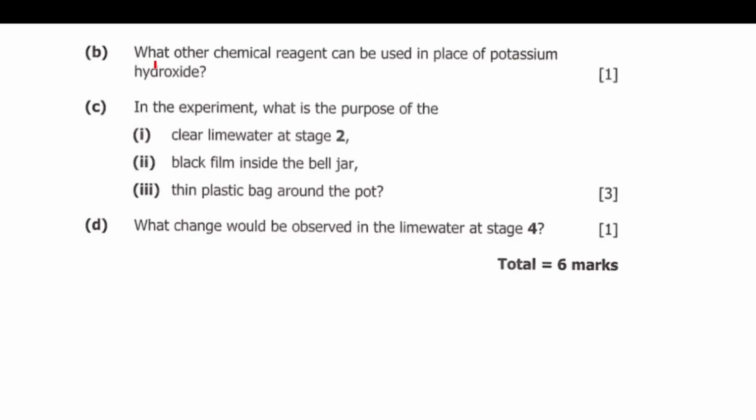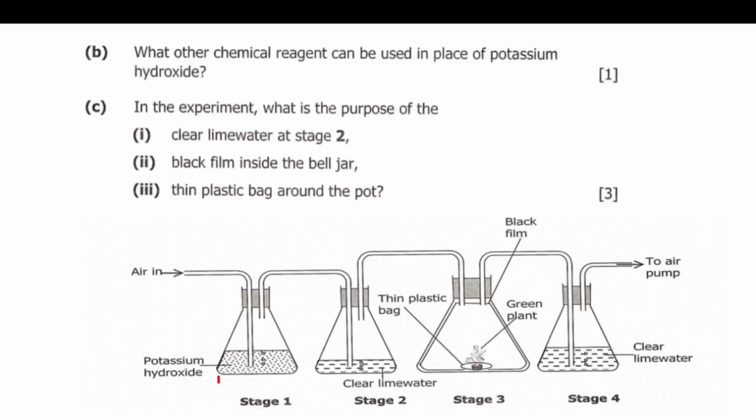B. What other chemical reagent can be used in place of potassium hydroxide? At stage 1 here we can use sodium hydroxide or calcium hydroxide. Then C. In the experiment, what is the purpose of the 1.